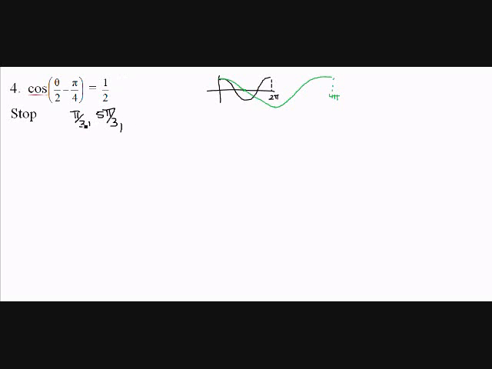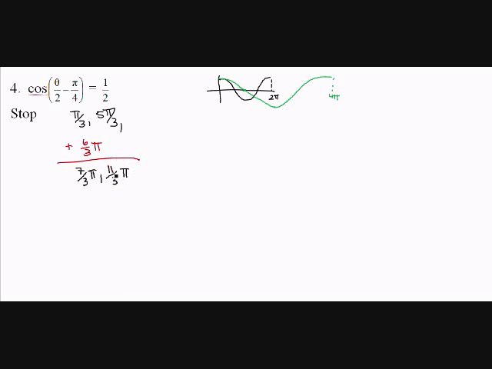If we add 2 pi in terms of sixths, that would be 6 thirds pi. So that would be 7 thirds pi and 11 thirds pi.